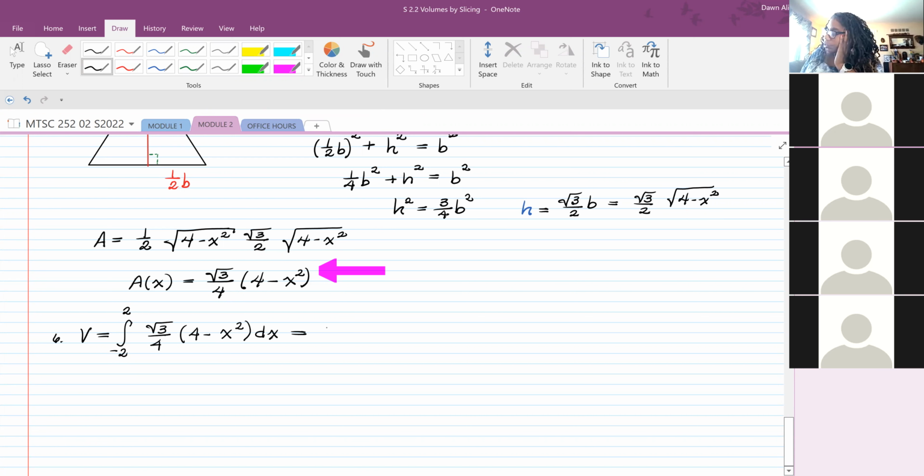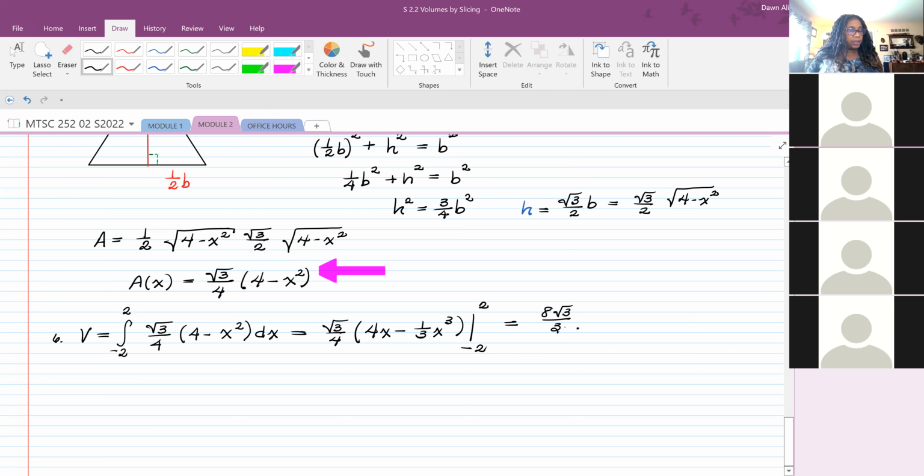And that becomes the root of 3/4 of 4x minus 1/3 x cubed, evaluated between -2 and 2. And I get 8 root 3 over 3. Okay, so that's the answer.